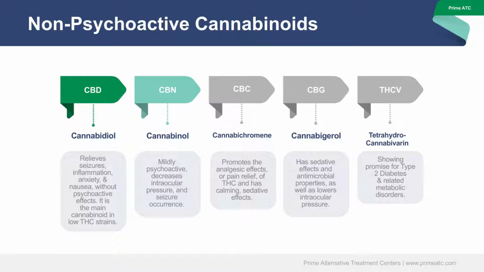Cannabigerol, or CBG, has sedative effects and antimicrobial properties. As well, it can lower intraocular pressure. And THCV, tetrahydrocannabivarin, has shown promise for type 2 diabetes and related metabolic disorders.